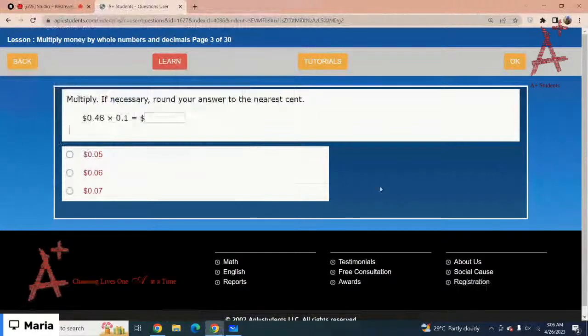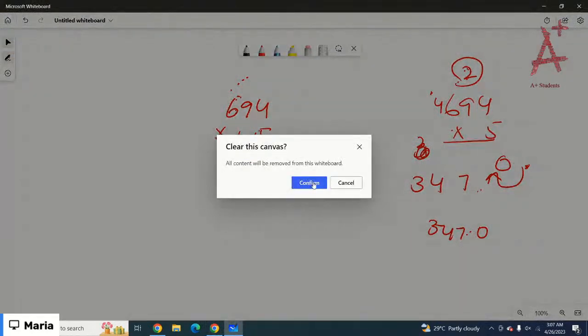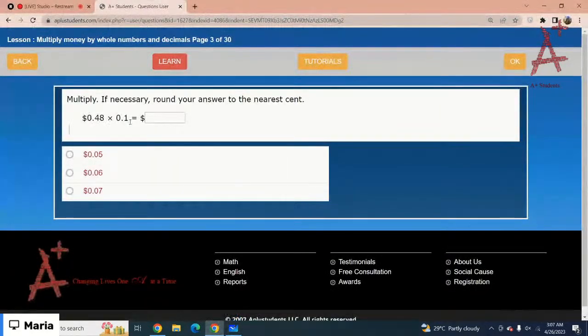Okay. The next one is 0.48 times 0.1. So when you multiply without decimal, that would be 48 times 1. 48 times 1 is 48.